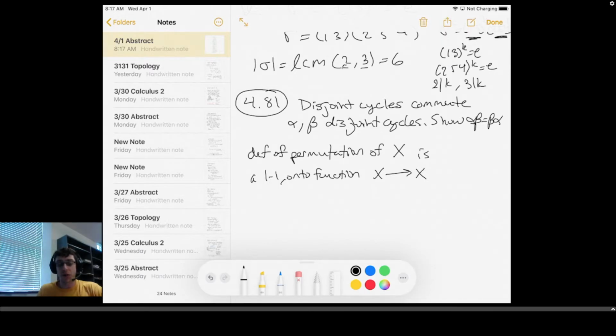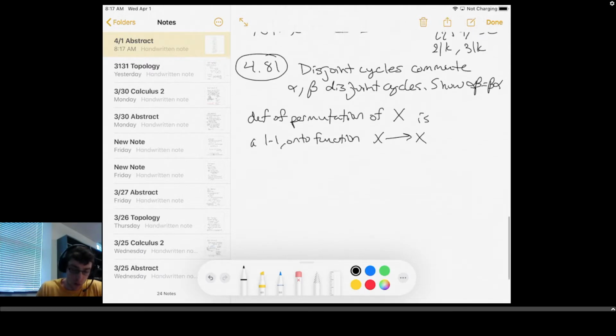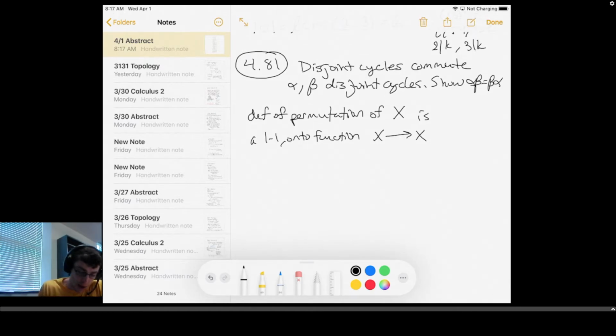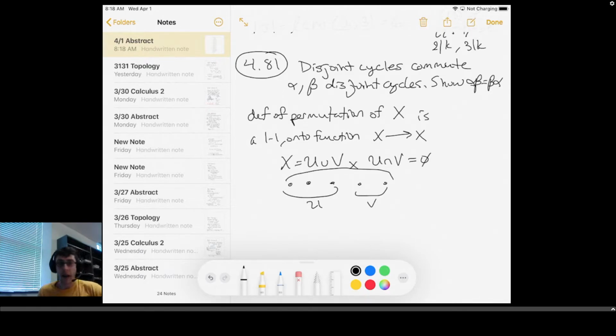So how is this useful for disjoint? Well, that means basically we can write x as the union of two disjoint sets, where their intersection is the empty set. So you just have two pieces: this is my u, and this is my v, and then the whole thing is x. So I've just split it into two pieces.